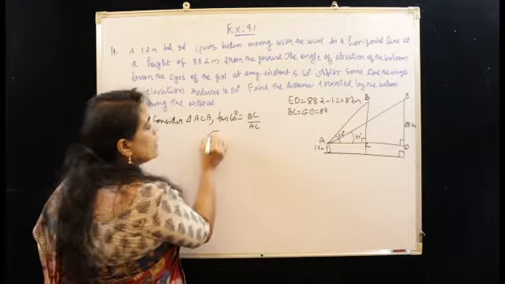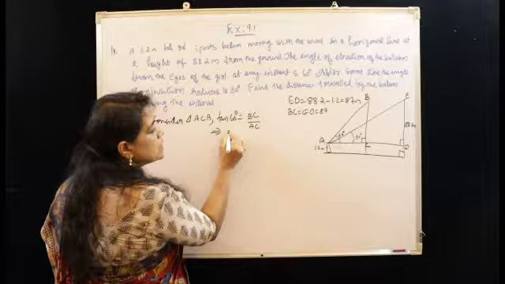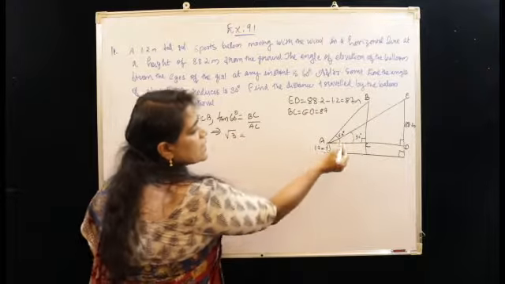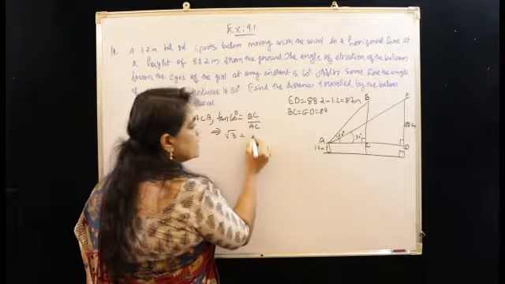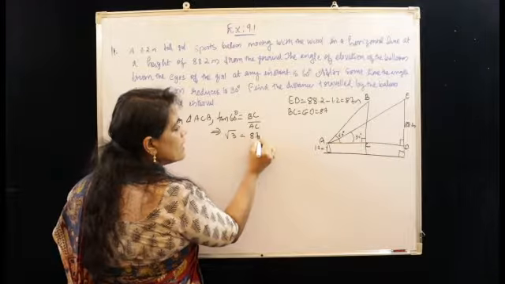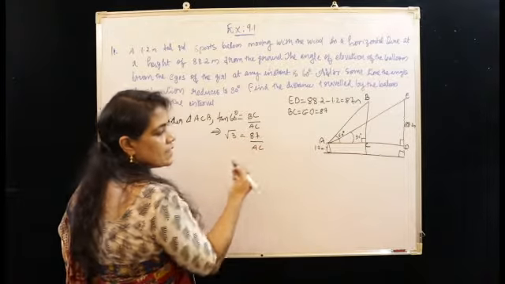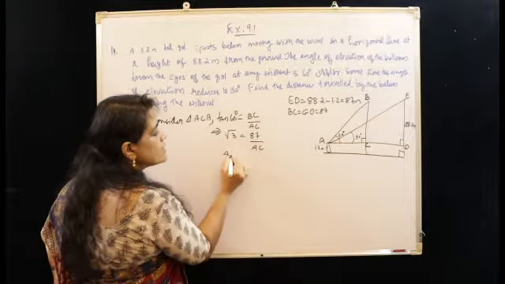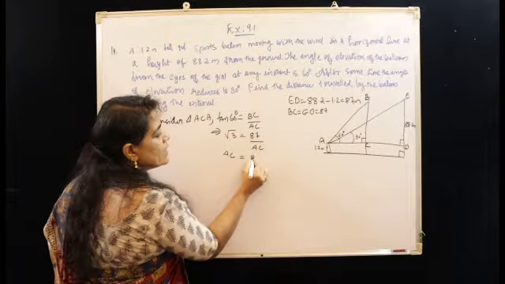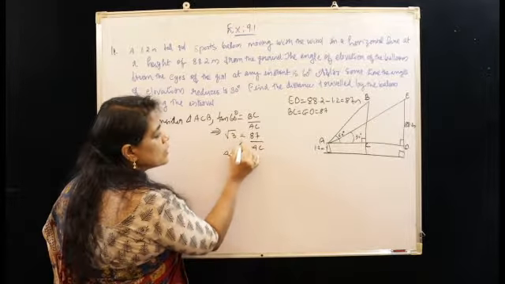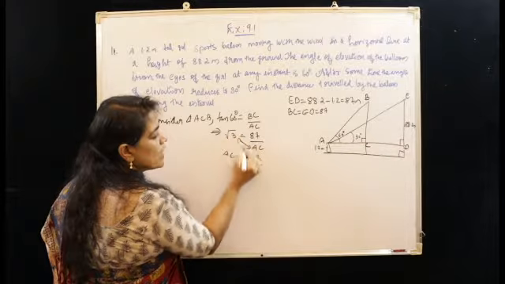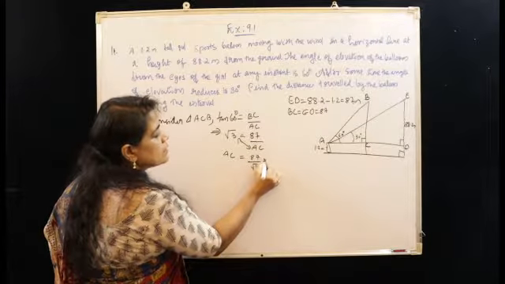The value of tan 60 is root 3, equal to BC, which is equal to ED, that we have seen is 87, divided by AC. So AC equals 87 by root 3, by cross multiplication, meter.